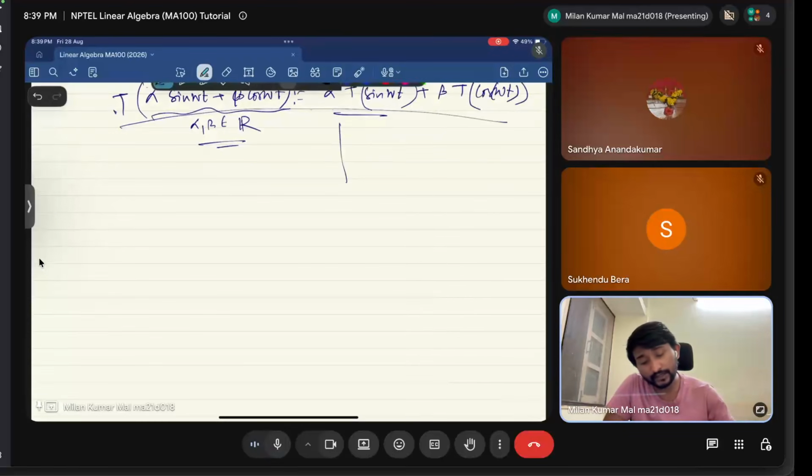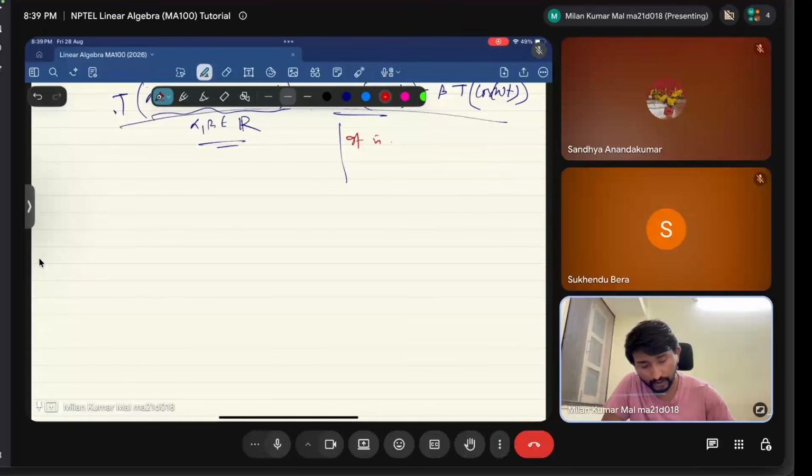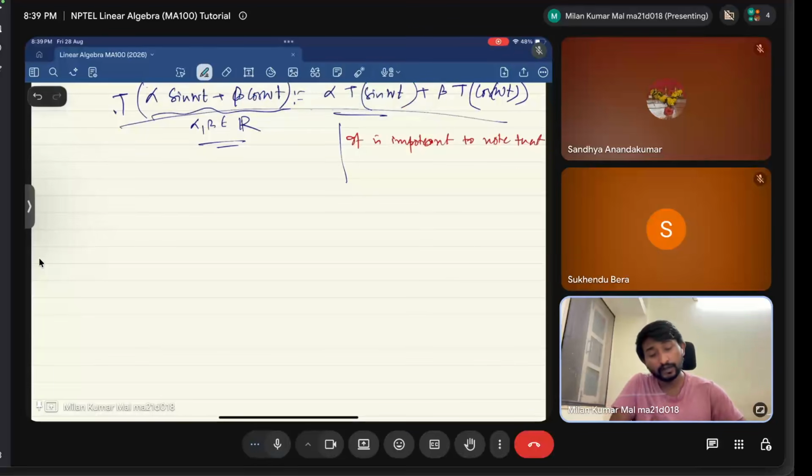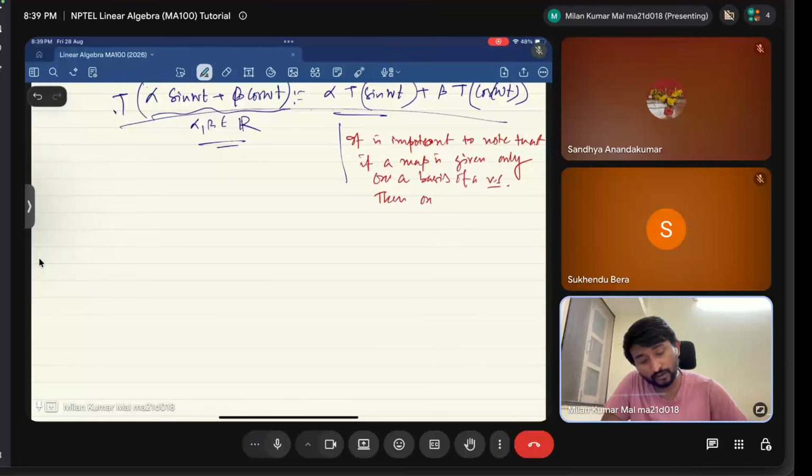So this uses the fact that, let me write, it is important to note, which I have already said in some other form, that if a map is given only on a basis of a vector space, then one can generate a full linear transformation, not just a map.